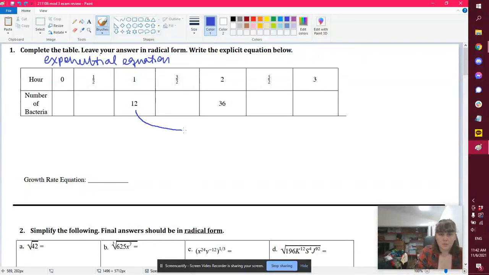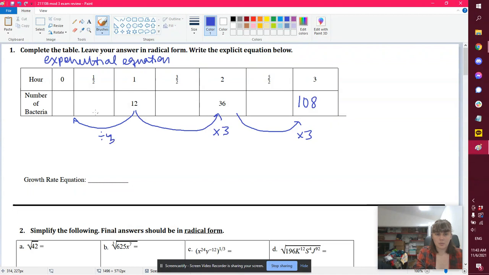So here, when I go from 12 to 36, I can do in my calculator, 36 divided by 12 is equal to 3, so I must have multiplied by 3. To finish out this table, for all the whole numbers, I will multiply by 3 again and get 108. And then to go backwards, I divide by 3 and get that I started with 4 bacteria.